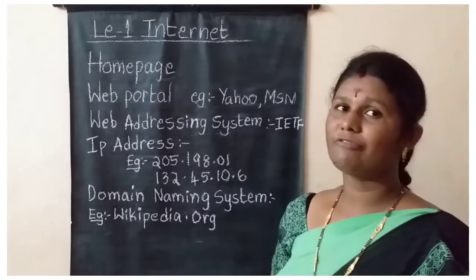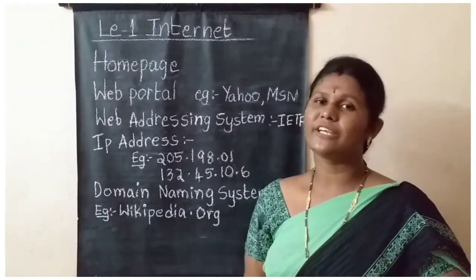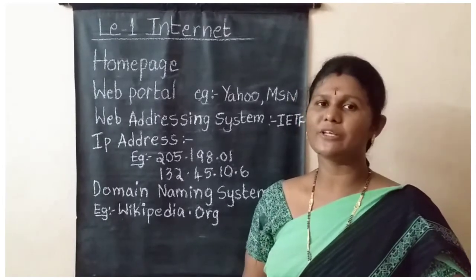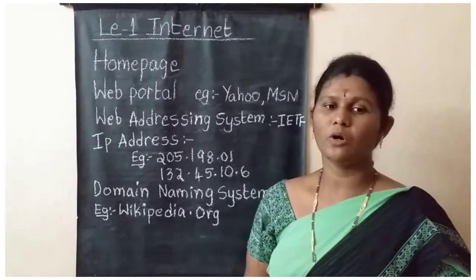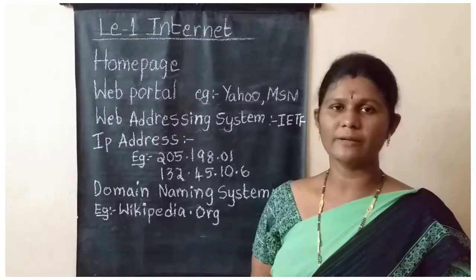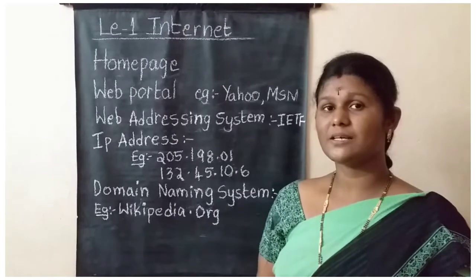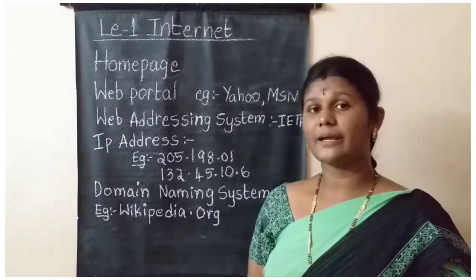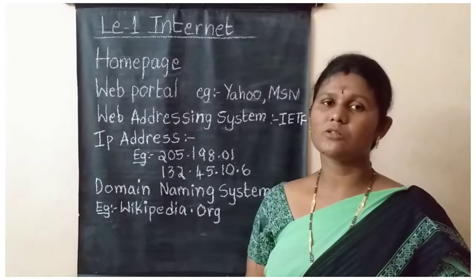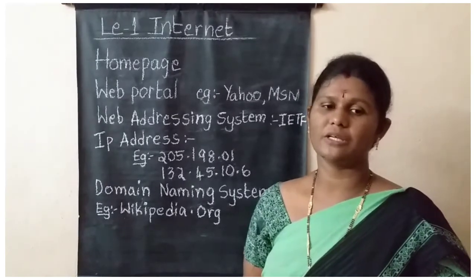Let's start with the first. The first page of any website is called a home page. The starting page of a website is called a home page. It contains main information about the website. In some cases, for a website, there will be only a single page. That itself is also called a home page.